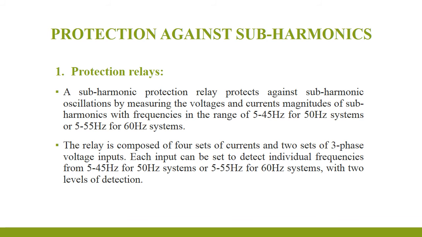The relay is composed of 4 sets of currents and 2 sets of 3-phase voltage inputs. Each input can be set to detect individual frequencies from 5 to 45 Hz for 50 Hz systems or 5 to 55 Hz for 60 Hz systems with 2 levels of detection.